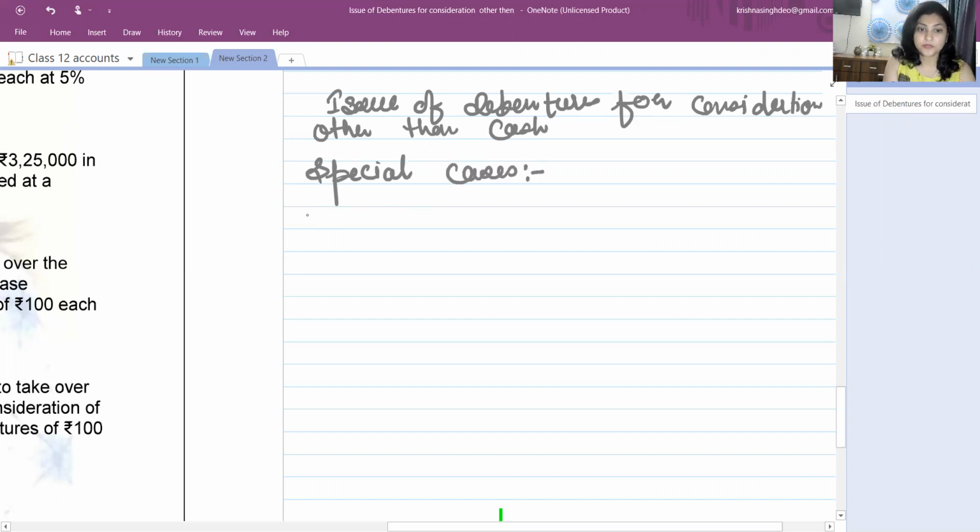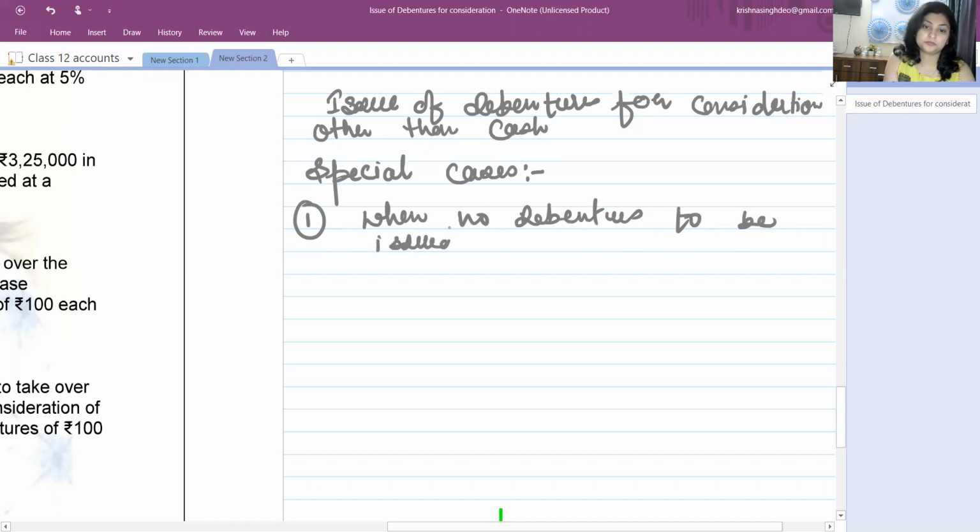Number one: when the number of debentures to be issued are in fractions.